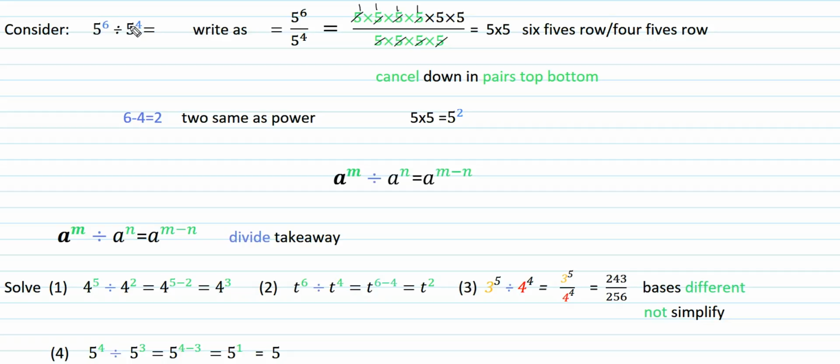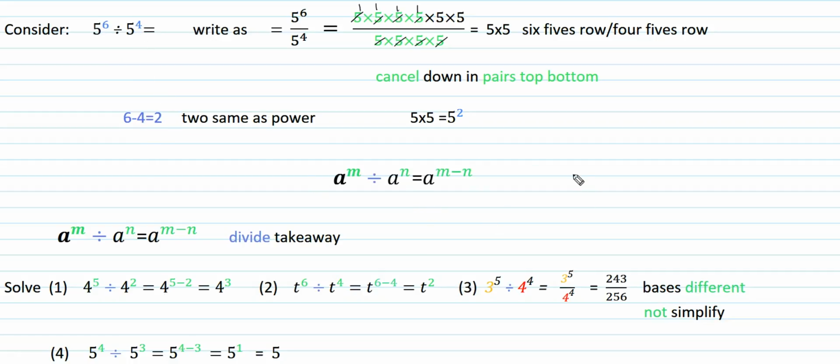So 6 minus 4 will give us 2, so it will just be 5 to the power 2. This 2 is actually these 2 indices taken away. So 6 take away 4, which is 2.